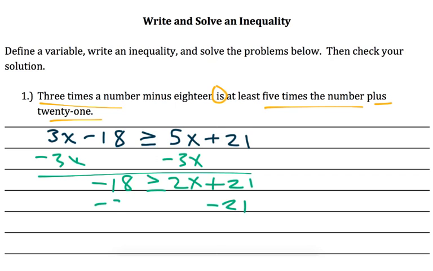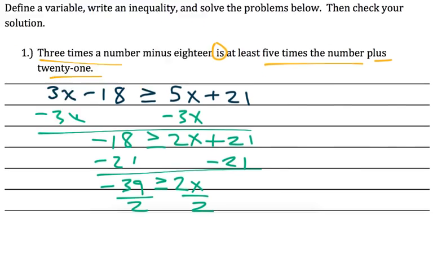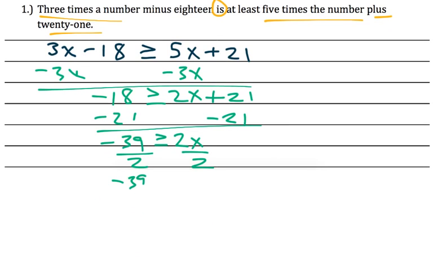Subtract 21, and then you are going to have negative 39 is greater than or equal to 2x. I'll divide both sides by 2, and then we have negative 39 halves is greater than or equal to x. And I'd rather see x as less than or equal to negative 39 halves.